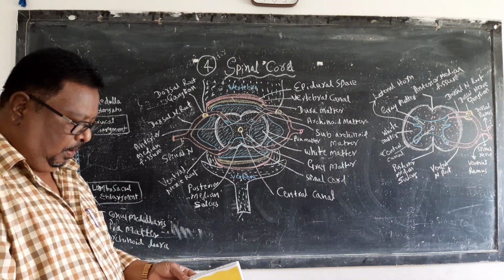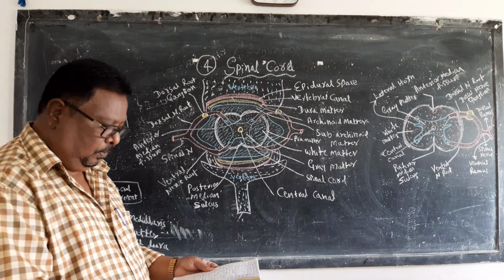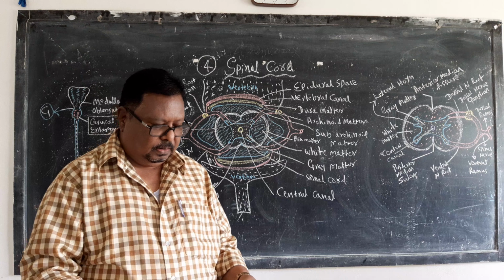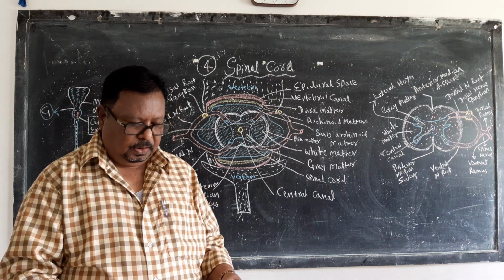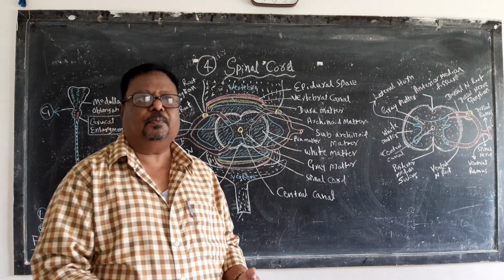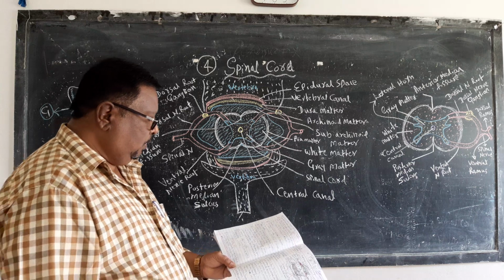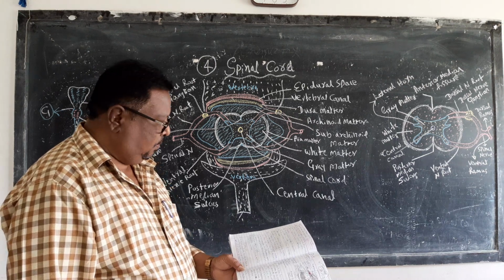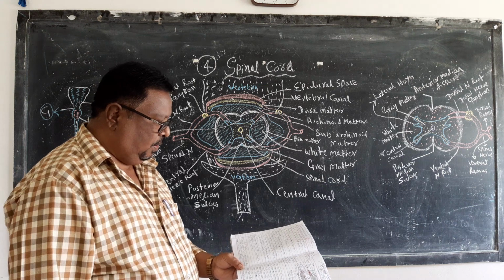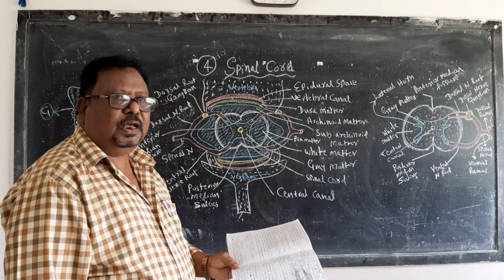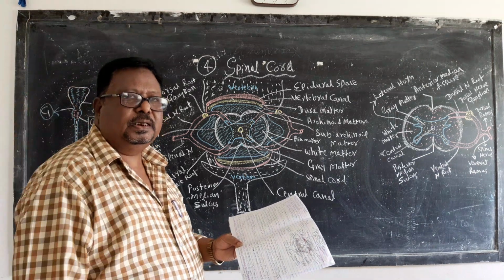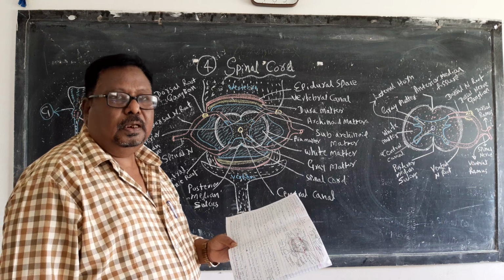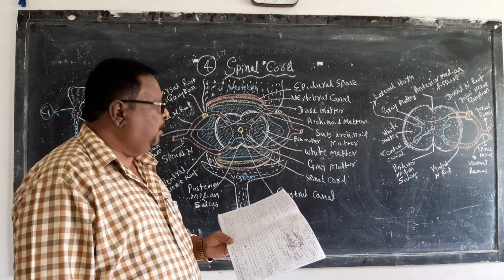The spinal cord is an elongated cylindrical part of the central nervous system, CNS, which lies within the vertebral canal, the backbone, and it is a continuation of the medulla oblongata.